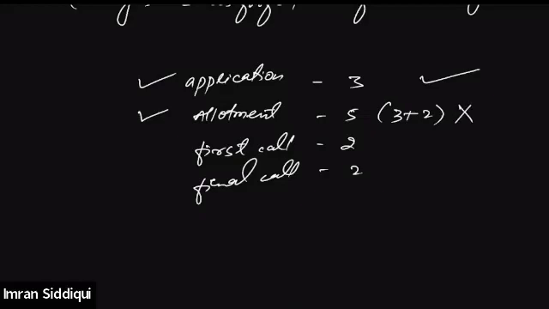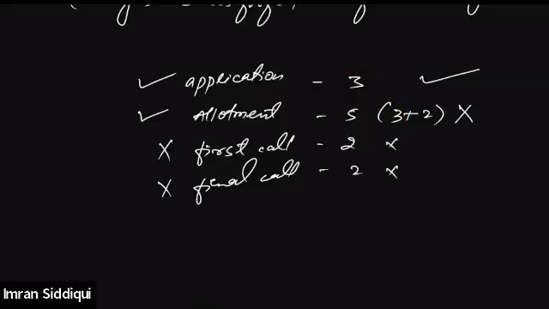And at this point the company decided to forfeit the share. That means the first call was not made, the final call was not made from him. So total called up capital is only 3 plus 3, not 3 plus 5.